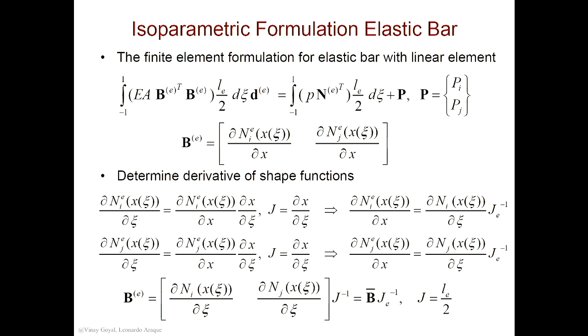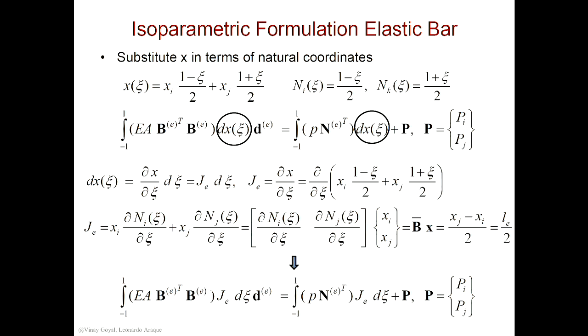For both of them. So I can put these two guys side by side again, and I'll put a J inverse outside. What I want you to notice is that we already calculated this earlier, in the previous page. This is what I had called B bar, remember? To calculate this dN/dx, we call that B bar.